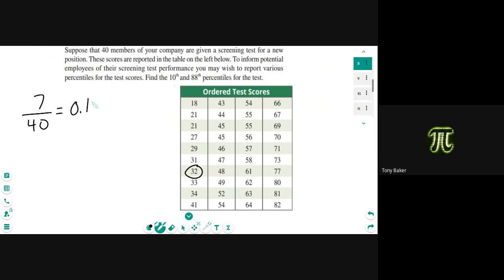So that'd be 17.5%. So that's the percentile it's in. Actually, you probably want to round that up to 18 because typically percentiles are whole numbers.